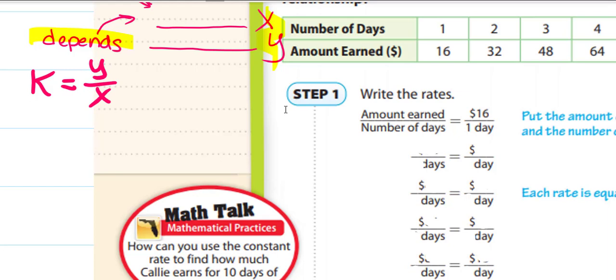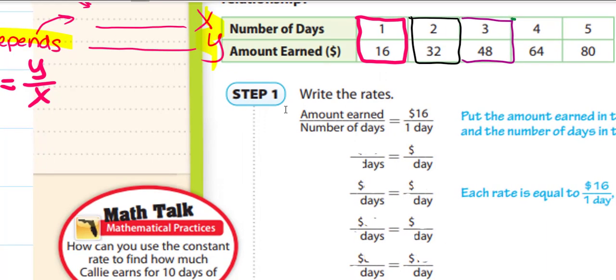Since I have labeled my y and my x, I'm going to take each one of these pairs and do the division, y divided by x, for each pair. Be careful not to do it only because it's represented one way. You have to pay attention that you're dividing the y by the x.